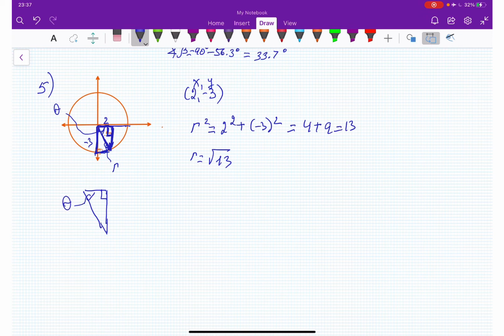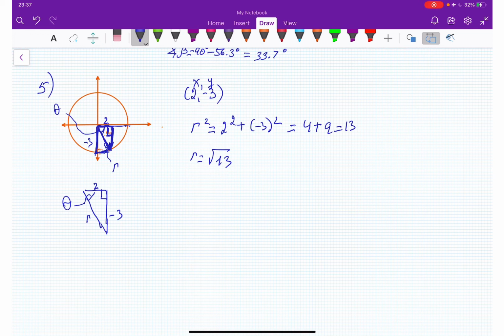We need to use it to find all trig functions. This is our side 2. This is our y, negative 3, right? And this is our hypotenuse r. That's what we have. So r, we found out, is square root of 13. Now, let's find sine, cosine, tangent, cotangent, secant, cosecant.